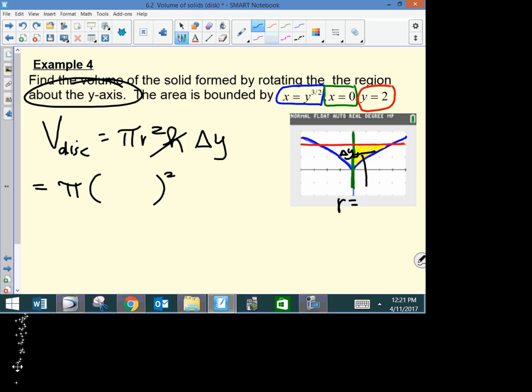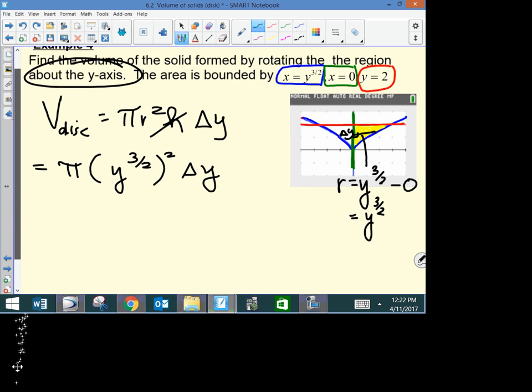Y to the 3 halves minus 0 is the radius. When you said something about 2 minus, you were going the wrong way. You were going this way. That's why we need that visual. So that is y to the 3 halves. I already got the squared. Change in y. Did I lose anybody?